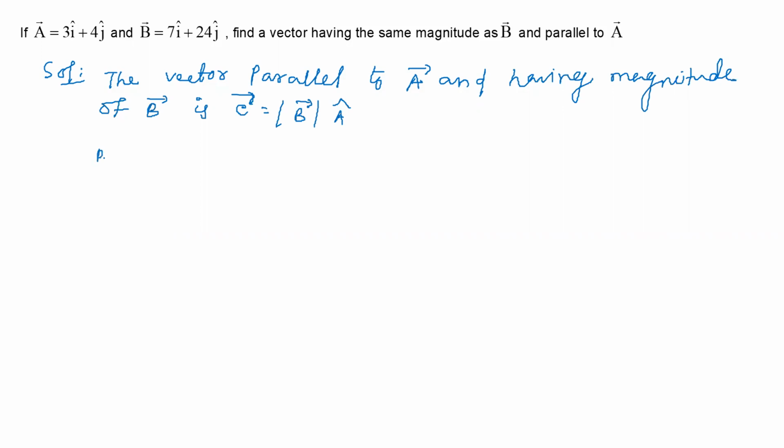The magnitude of B vector is the square root of 7 square plus 24 square, that is root under 625, which is 25 units.